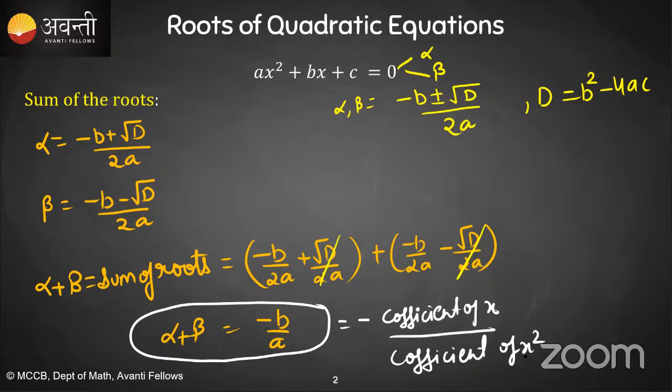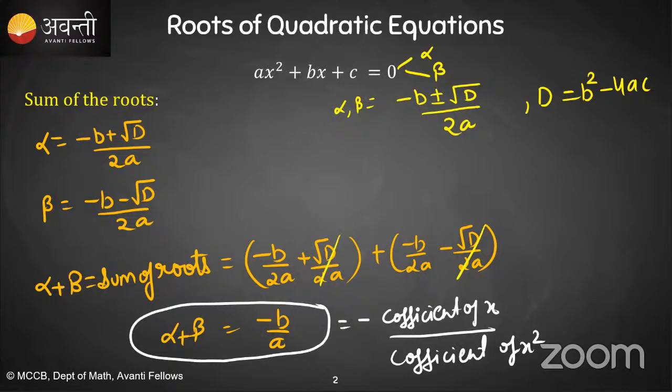So from now on, if some quadratic equation is given and they ask you to find the sum of roots, there is no need to find the roots first. You can directly say sum of roots is minus b by a, which means minus coefficient of x upon coefficient of x square. Simple, right? Is there any doubt in the sum of roots?